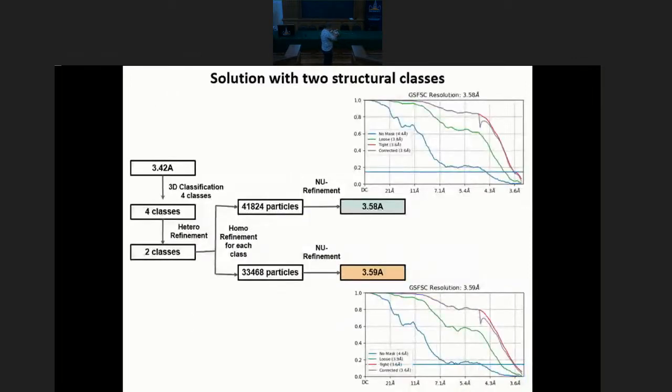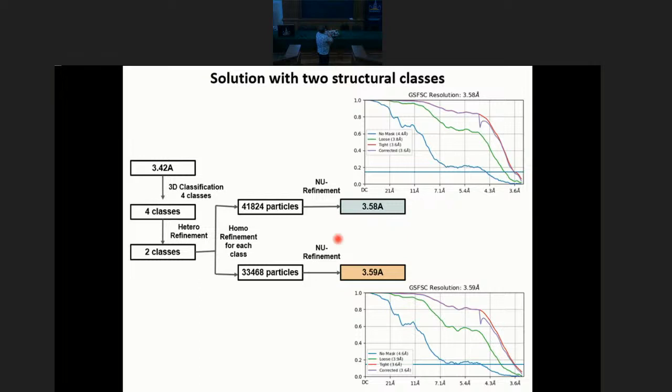They tried to divide our data into several structures to find out if there are different structural conformations in our data set. Indeed, we found two structures, each with a resolution of about 3.5 angstroms.